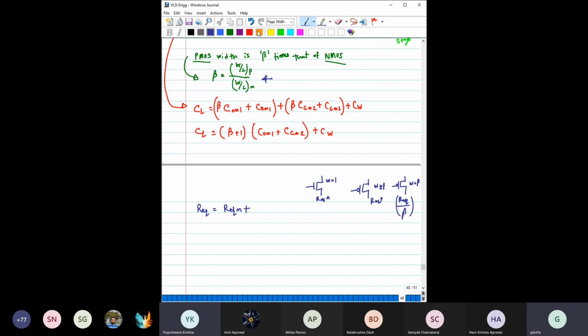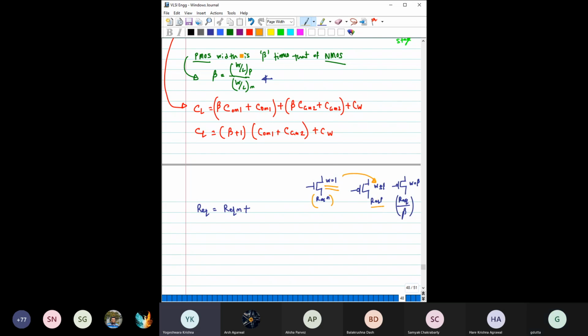So please check if you agree with me or not. What I'm saying is that if it is NMOS with a width equal to 1, and these resistances are R equivalent N, fine. Then in the next argument, for the same width, that is W equal to 1, if it is PMOS, then obviously its resistance would be different. It is R equivalent P, right?